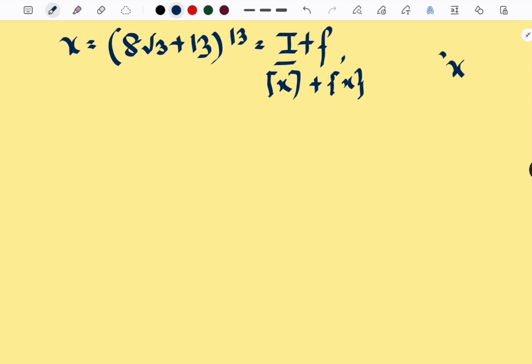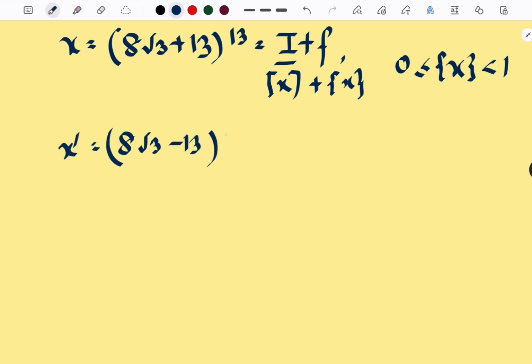Now we obviously know this fractional part always belongs from 0 to 1. So again, let's consider x' = (8√3 - 13)^13 = f'. Suppose this f' belongs from 0 to 1.